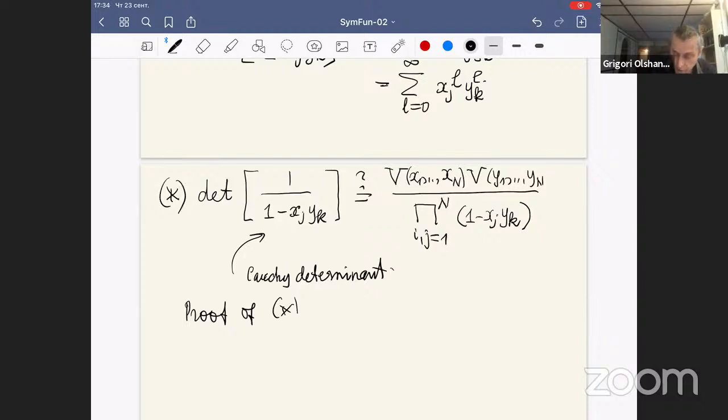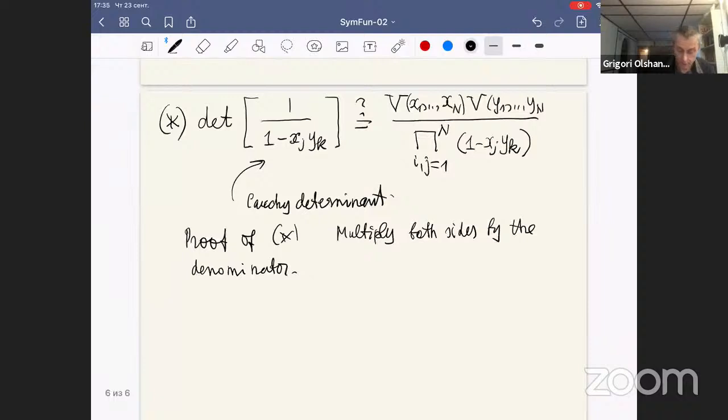Just multiply both sides by the denominator. For instance, we can do it as follows. So this is reduced to the following.